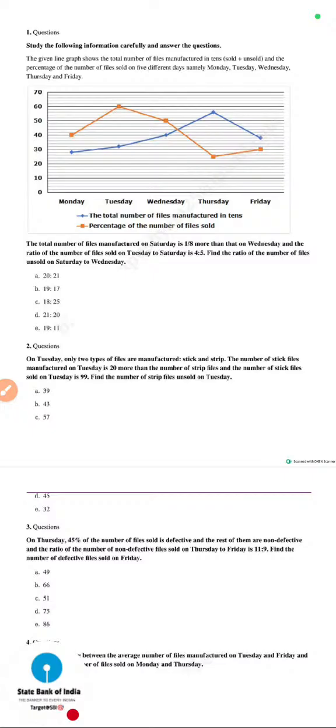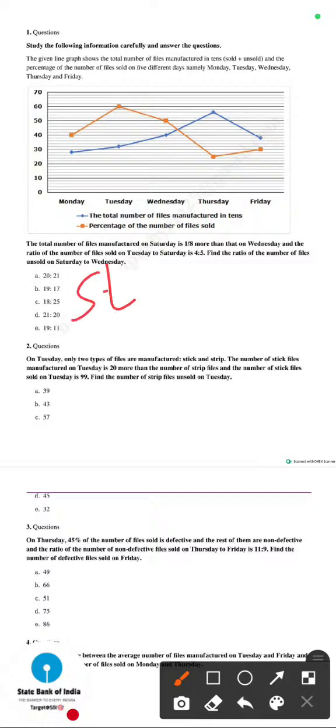So we have stick plus strip is 320, and stick is more than strip by 20. Sum of 320 and 20 is 340, divided by 2 is 170. So stick files will be 170.